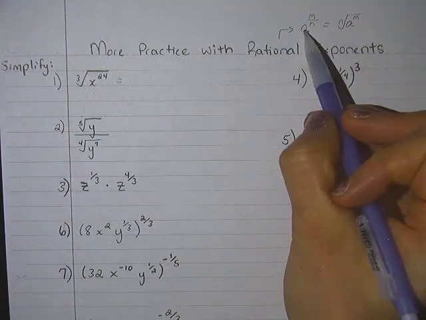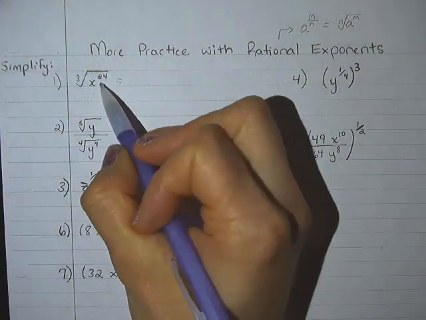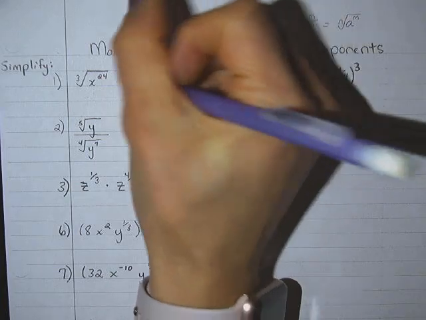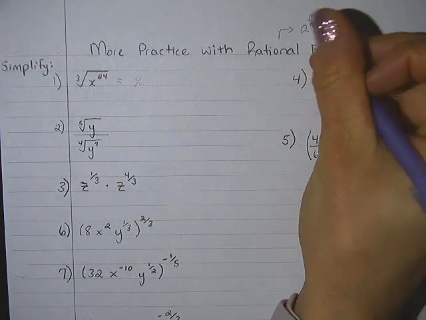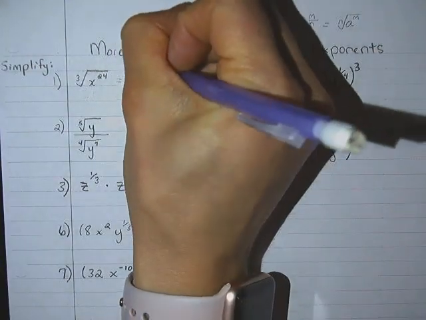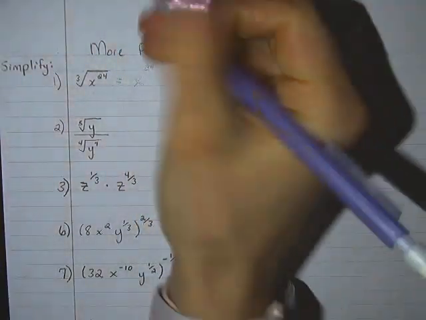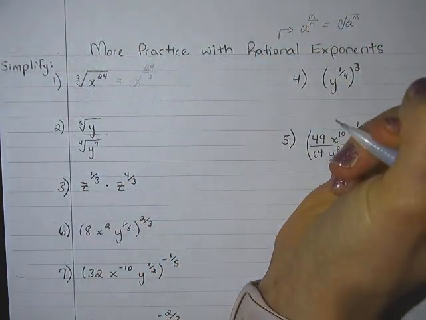And so we actually have to work backwards. So remember, power over the root. So the 24 is your power, the 3 is your root. So when you write it in exponential form, the power goes on top. So the 24 is going to go on top, and then that's going to be over your root, which is 3.